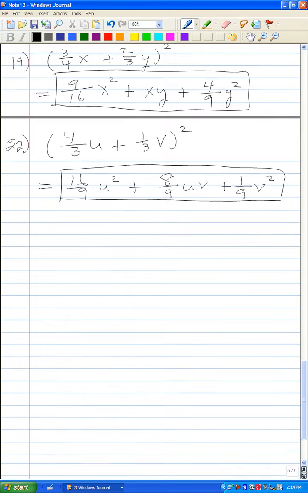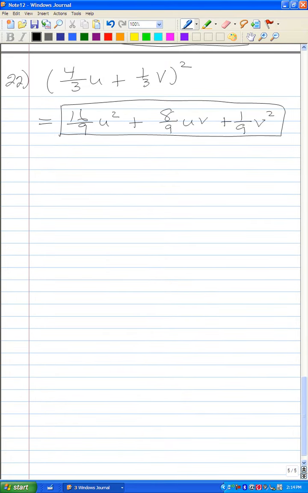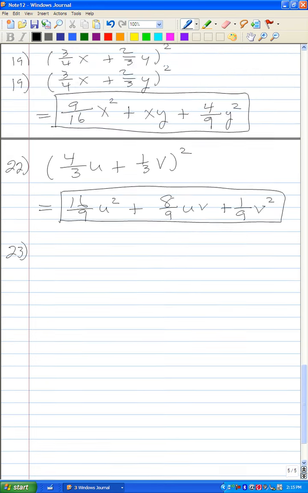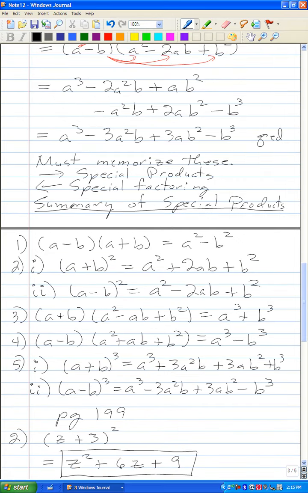Let me do problem number 23. In exercises 23 through 50, find the product of the sum and difference of two terms. I'm just going to use this very first formula here: a minus b times a plus b is a squared minus b squared.